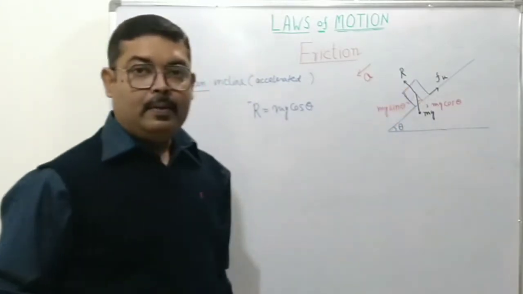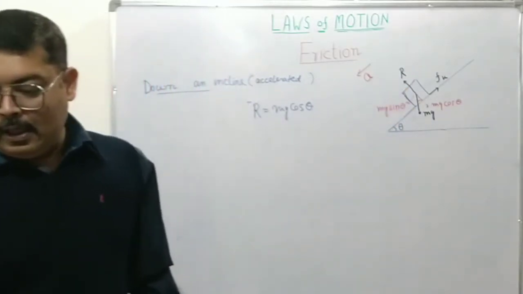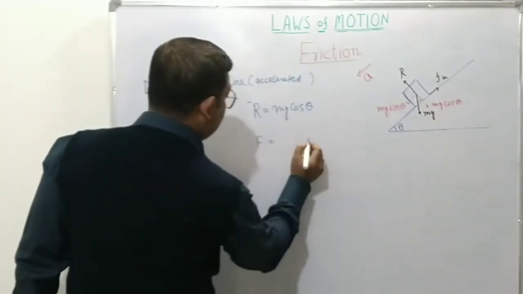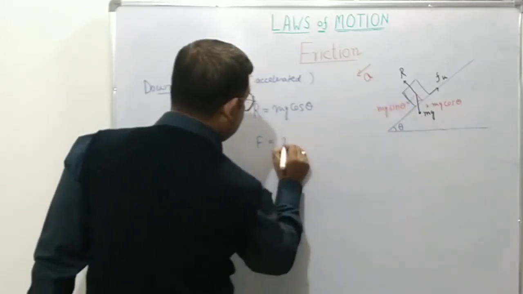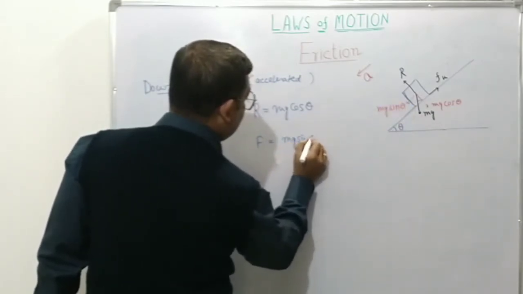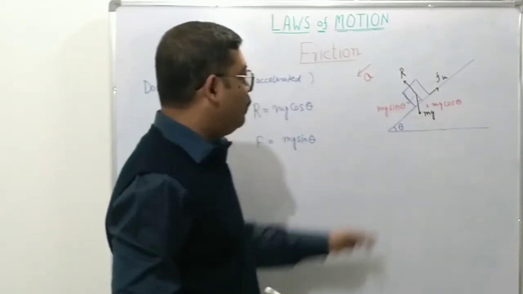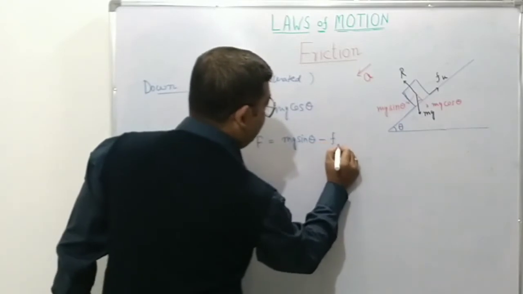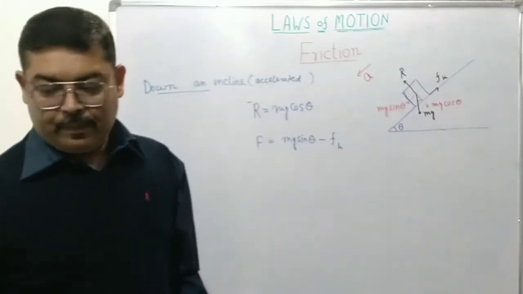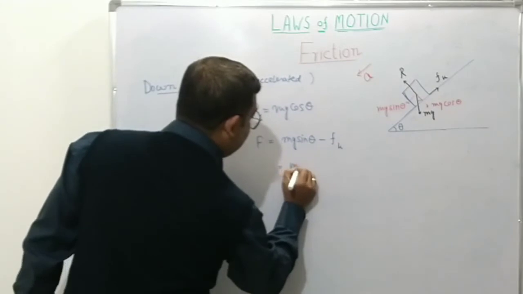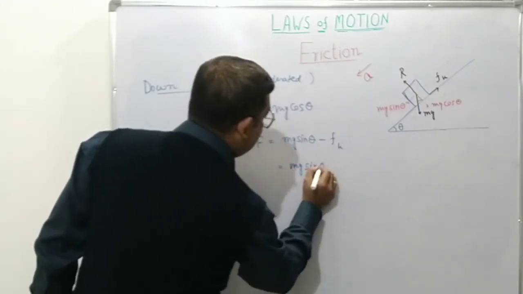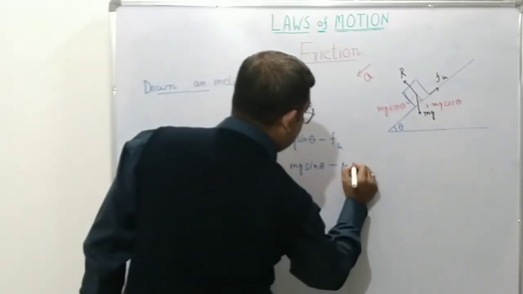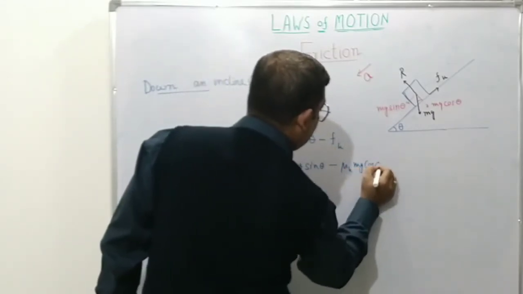Along the plane, there will be a net force F downwards, which will be equal to the component of the weight along the plane, mg sin theta, minus the frictional force. Fk, we have already seen in the previous cases, is equal to mu k mg cos theta.